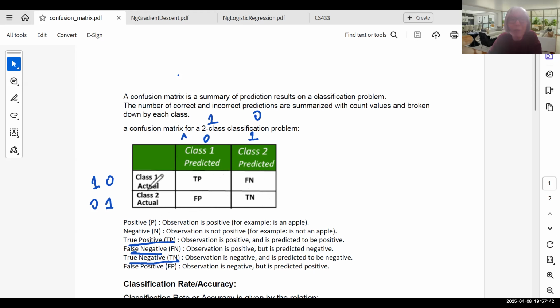If you have more than two classes, like actual 3, actual 4, then it depends on how many classes you have, and the matrix is n by n.